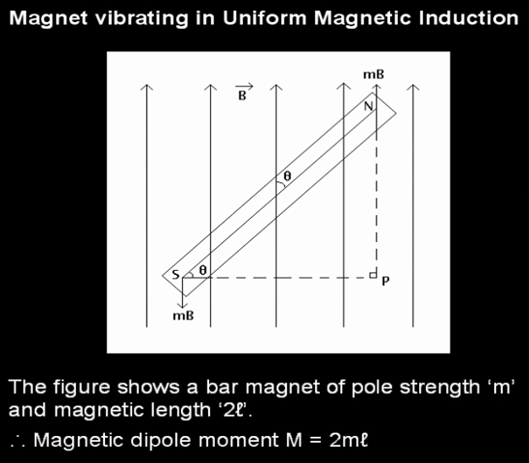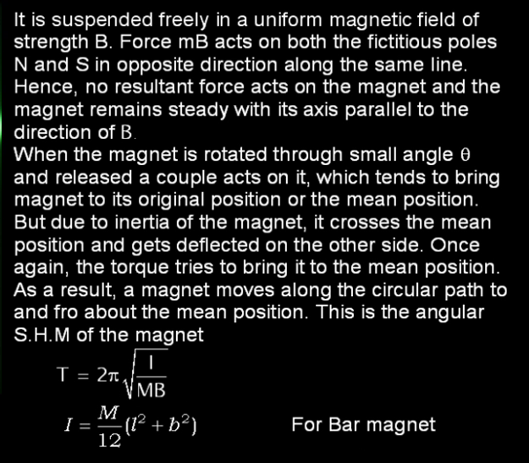The best example of angular SHM is a bar magnet suspended freely in a uniform magnetic field, deflected from its mean position. The figure shows a bar magnet of pole strength m and magnetic length 2L. Therefore, magnetic dipole moment of the magnet, that is capital M, is 2mL. It is suspended freely in a uniform magnetic field of strength B.